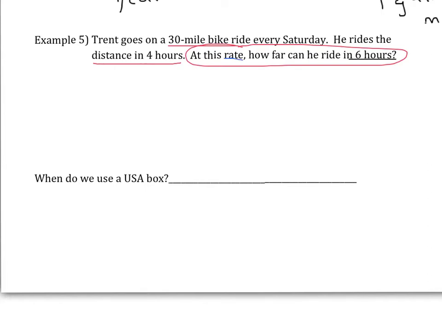If you see the word rate, it probably means you're going to use a USA box. Not all the time, but it probably does. If you see words like pace, if you see words like ratio, if you see a comparison being made between two things, or a scale being made between two things, these are usually words that signify we need to use a proportion. And we're going to use a USA box to do that.